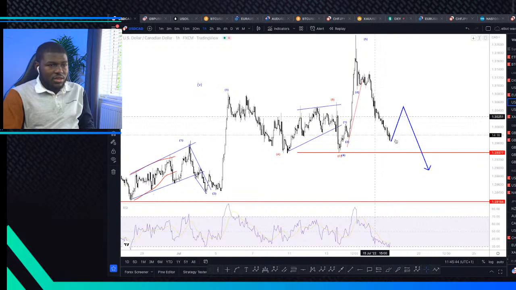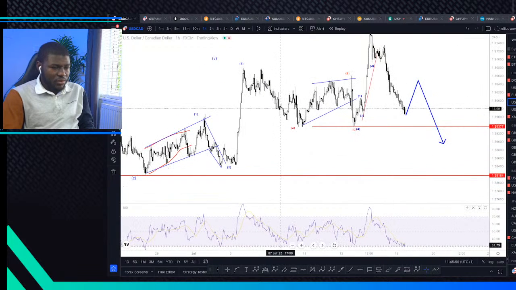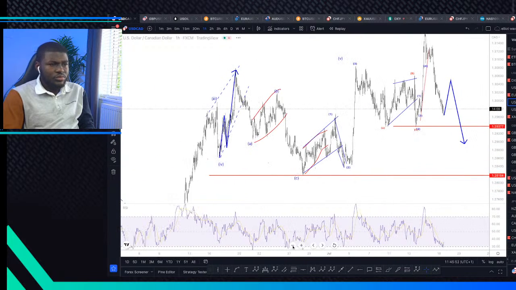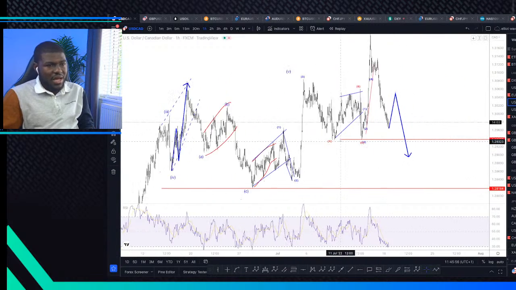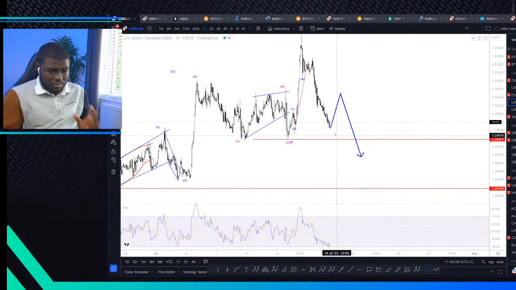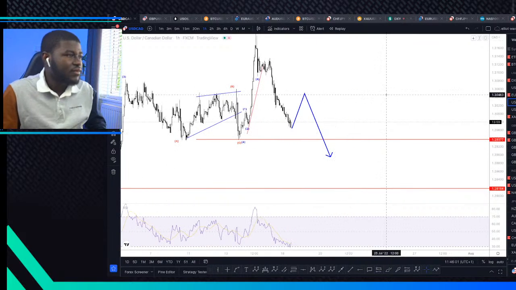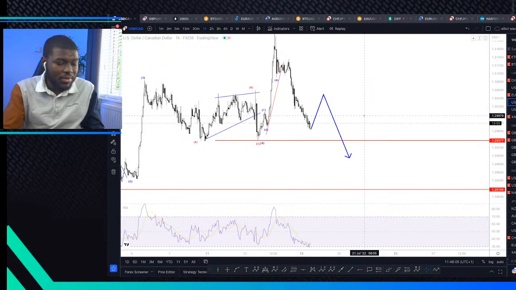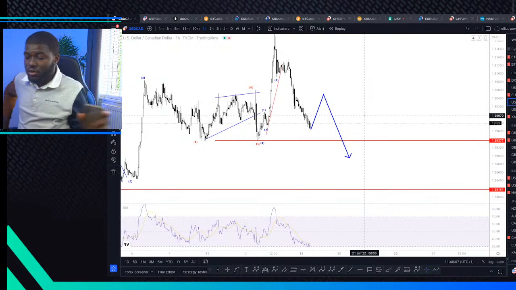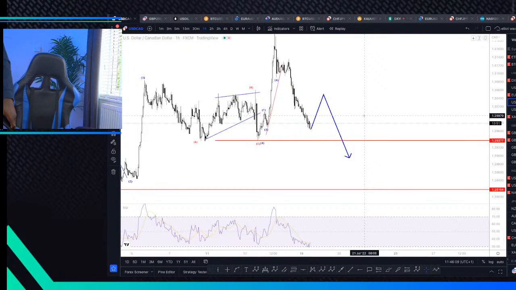I'm expecting that there's going to be a correction to the upside, then the fall is going to continue. That is very much possible. It's not as if I have any precise position for USD CAD yet, rather than just waiting and seeing how market is going to behave, and I'm going to follow suit. Guys, give me 1 minute, I'll be back.